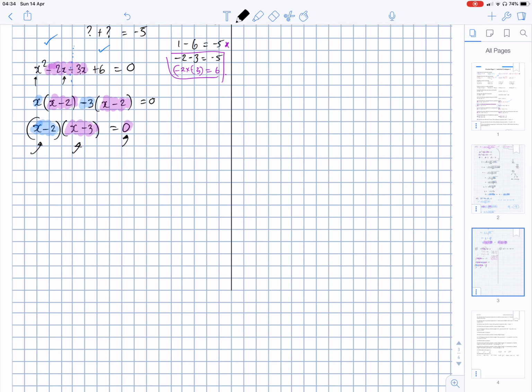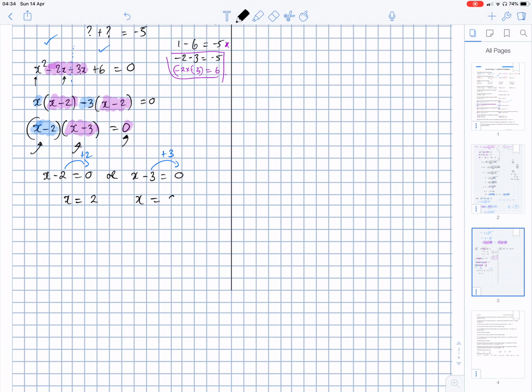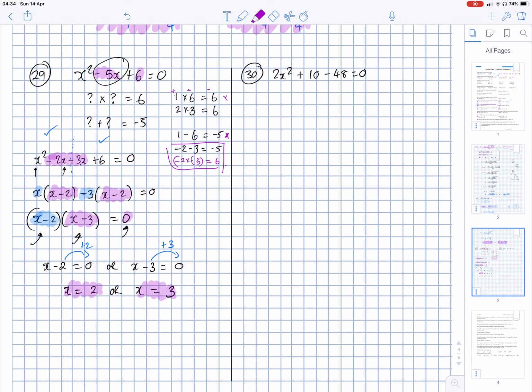So x minus 2 equals 0 or x minus 3 equals 0, which means x equals 2, because the minus 2 moves over and becomes plus 2, and x equals 3. So x equals 2 or x equals 3. These are the two answers.